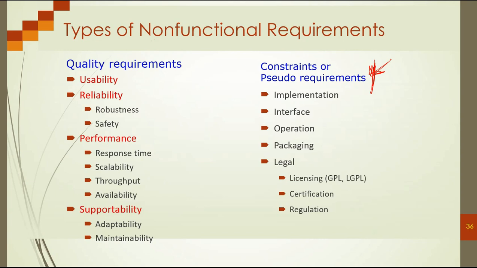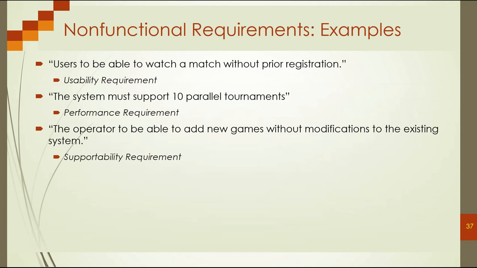For example, you will use Java to design your system. So this is, we can say, a constraint. And some of them say it's a requirement also. So whether we have three types, or just the two main types, is enough.